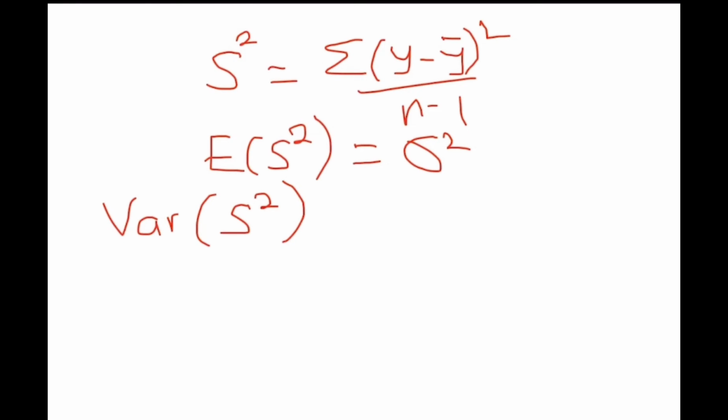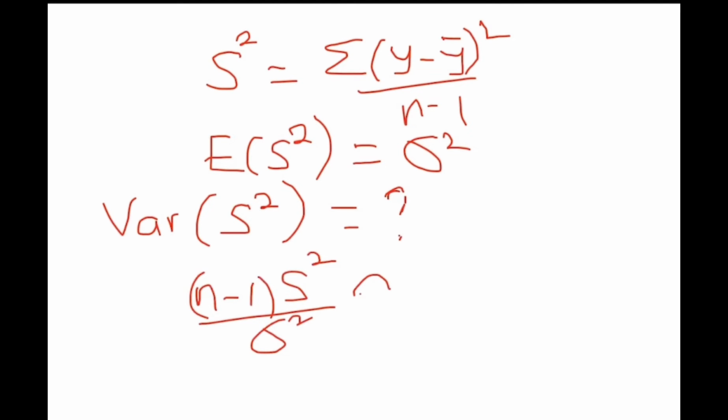To derive an expression for the variance of the sample variance, we need to use our knowledge of statistical theory. From statistical theory, n minus 1 times the sample variance, divided by the population variance, is distributed chi-squared with n minus 1 degrees of freedom.